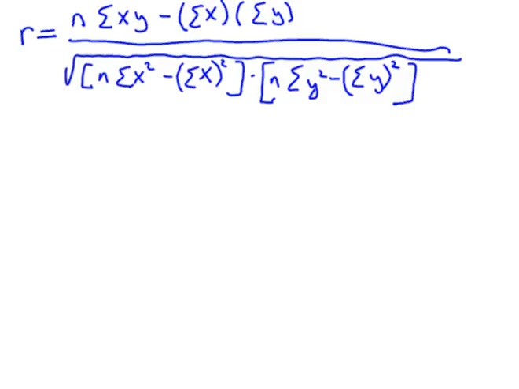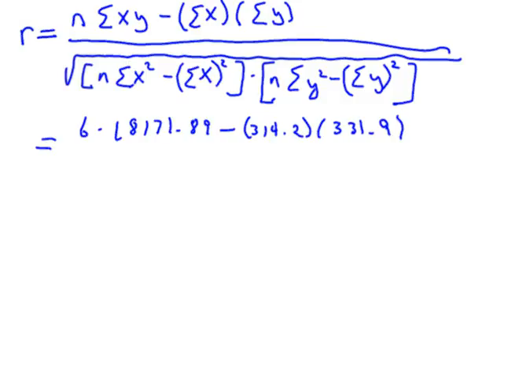Next, go ahead and insert that data. For n, it is 6 times the 18,171.89 minus my 314.2 times 331.9 as the numerator.